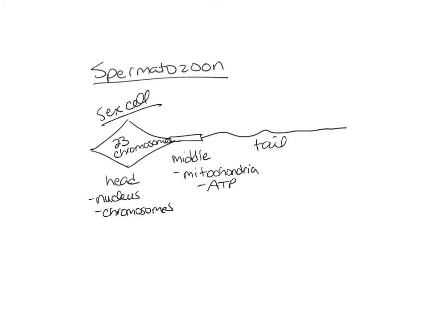So the tail is the flagella. There are many types of cells out in the environment called bacteria that have flagella, but in the human body, the sperm is the only cell that has a flagella.